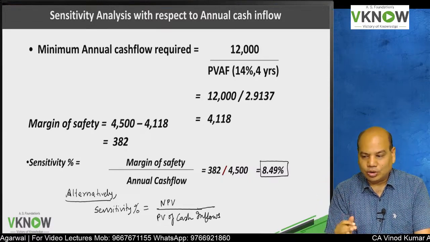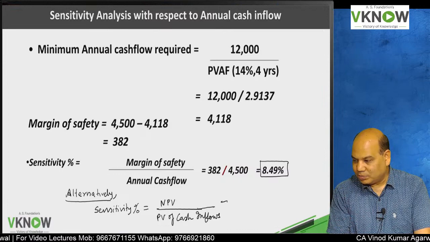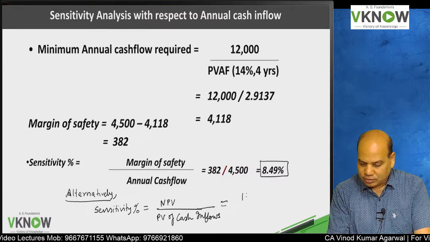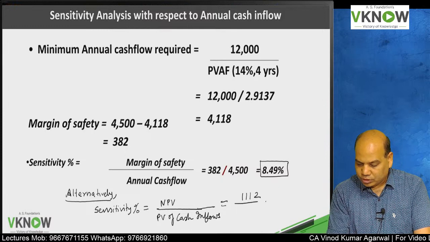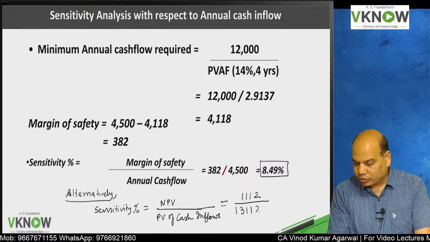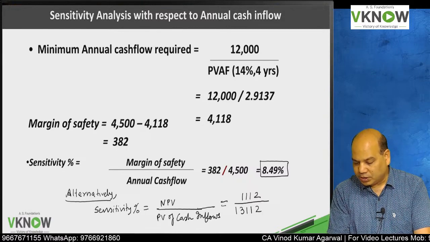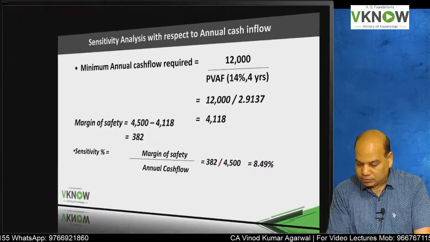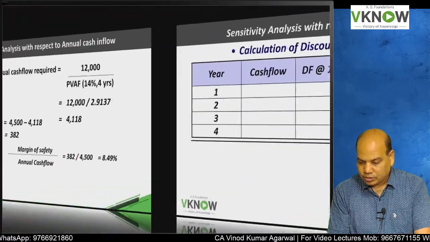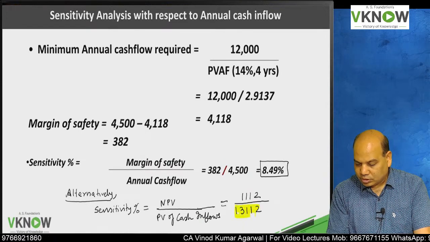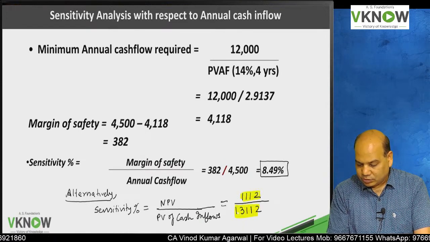I can let it go down. What was NPV in the original question? NPV was 1112 and PV of cash inflow was 13,112. This was my PV of cash inflow in the original question, and this was my NPV.